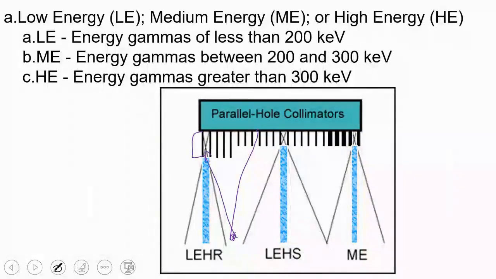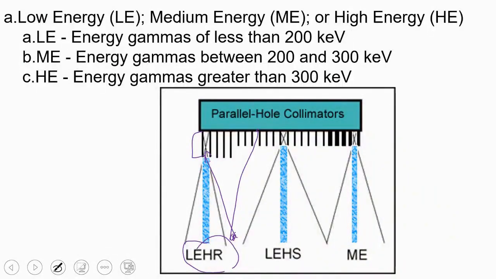Can you imagine? Because the longer the hole, the more it will cause attenuation of the scattered photons coming at an angle, unlike when it is short, which might allow some photons to pass through.